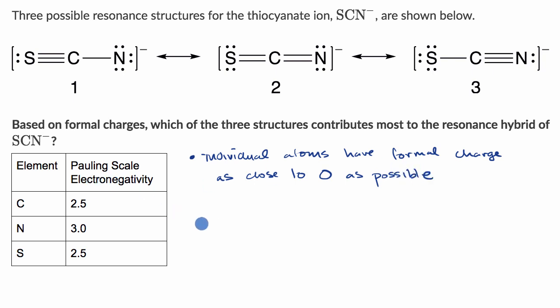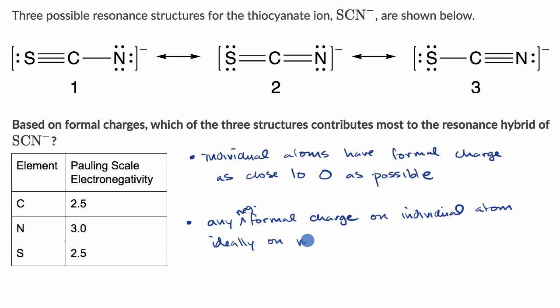And then the electronegativity is useful because we also want to see if there's any negative formal charge on an individual atom, that ideally that would be on the most electronegative of the atoms. So once again, we're not talking about the charge of the entire ion, any negative formal charge on an individual atom, ideally on the most electronegative one.